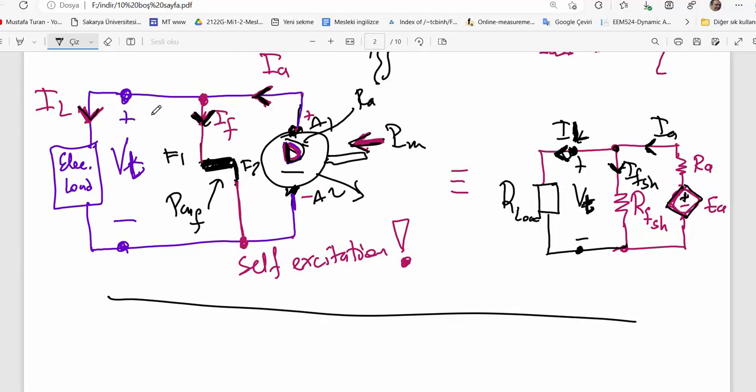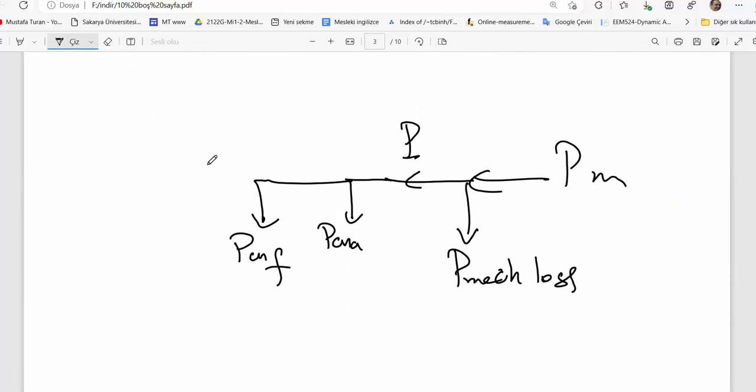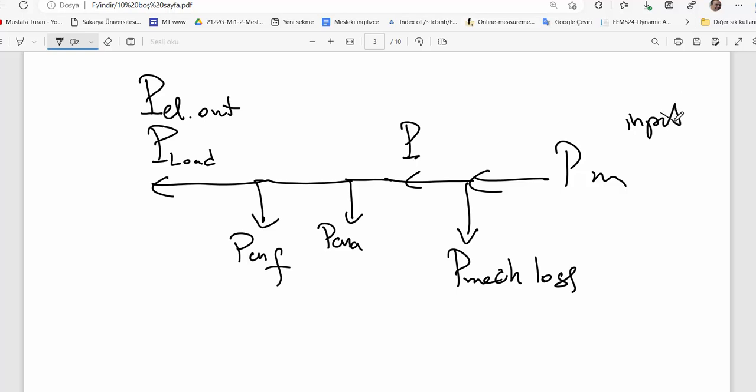The rest of the power is delivered to the load. Here's the load power, or electrical output, and this is mechanical input. This is a shunt dynamo.